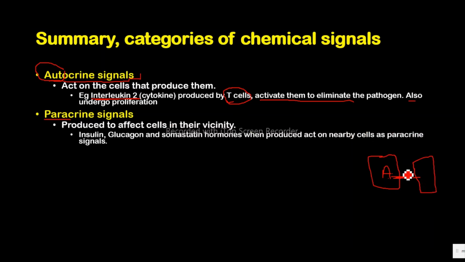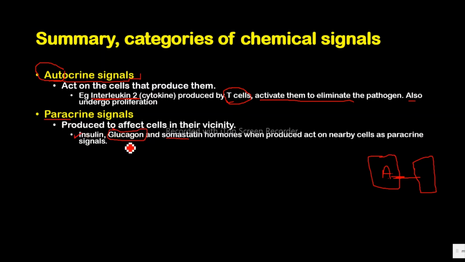So even the insulin hormone, the glucagon and the somatostatin hormone. Now, you cannot produce insulin and glucagon at the same time because these two have antagonistic effects. So when you produce insulin hormone, then you inhibit the alpha cells from producing glucagon hormone.